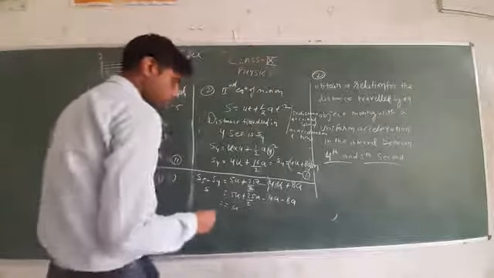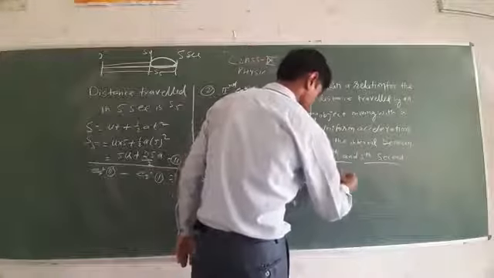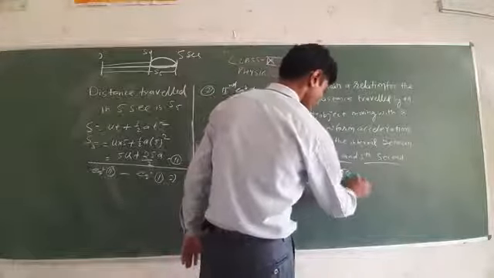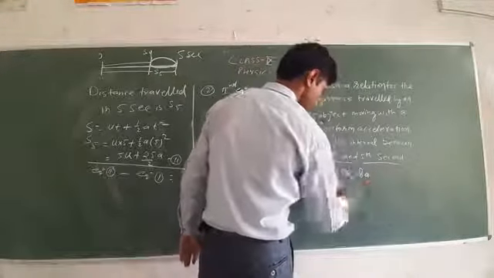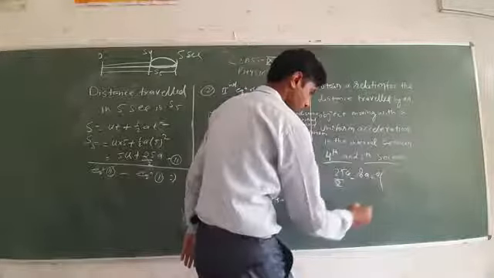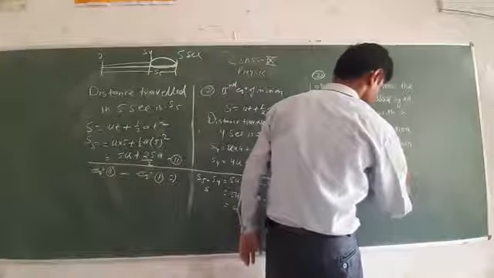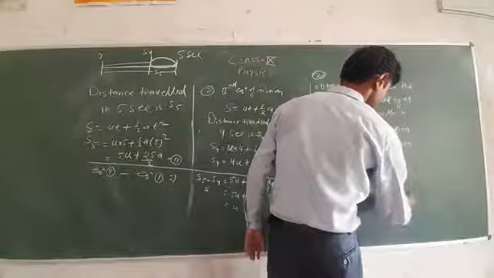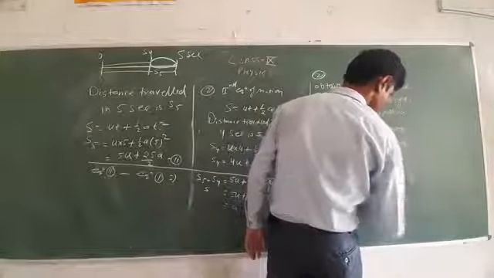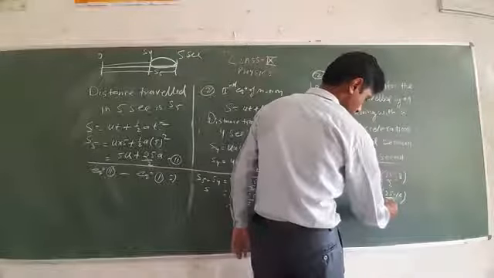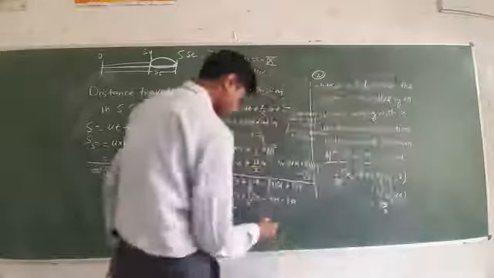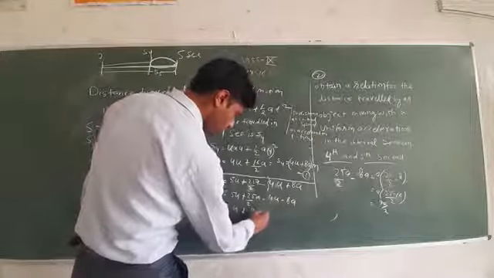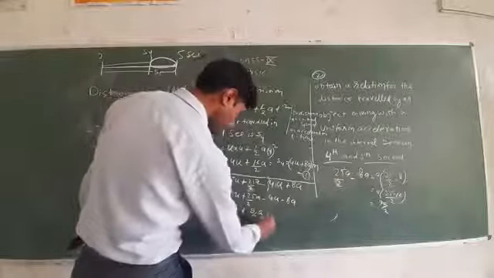So 25a upon 2 minus 8a. So a is common, so 25 upon 2 minus 8. So a times 25 minus 16 upon 2. So this is 9a upon 2. So it means u plus 9 upon 2 a meter.